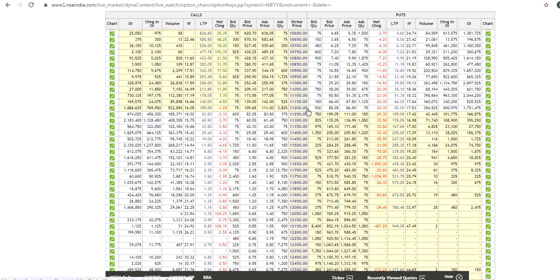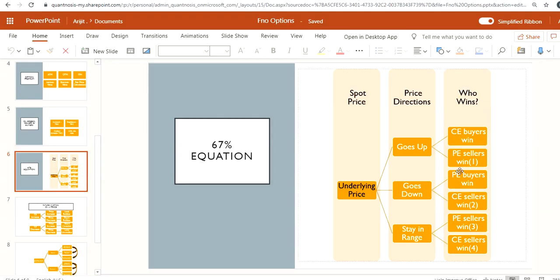And if price goes below 11,200, the call seller who sold the 11,200 call wins, because the call contract will become out of the money and will have zero intrinsic value on expiry. So if price goes down, the call option seller and put option buyer benefit.